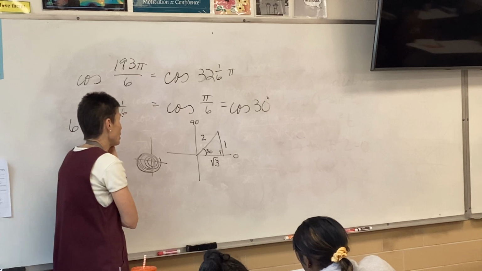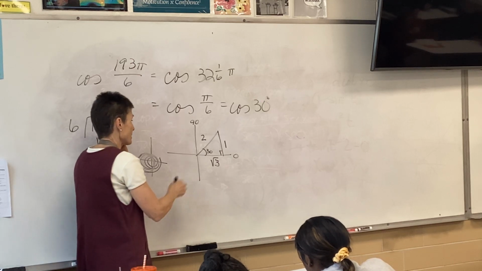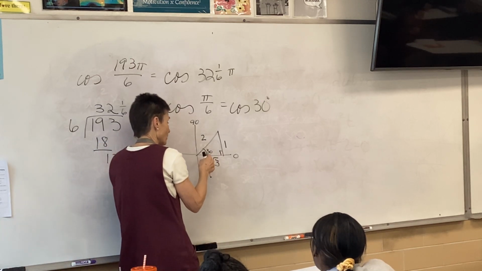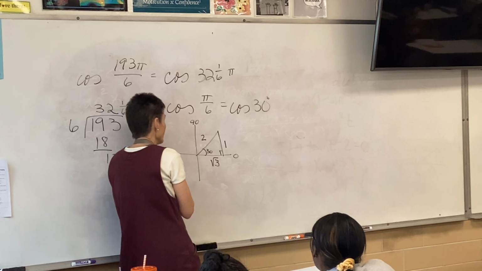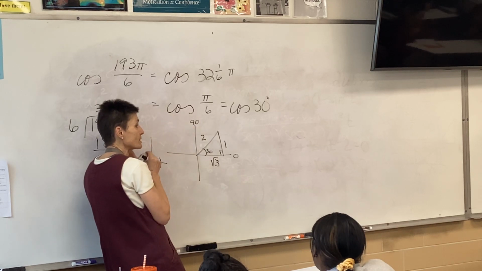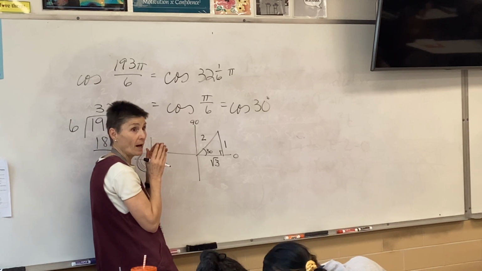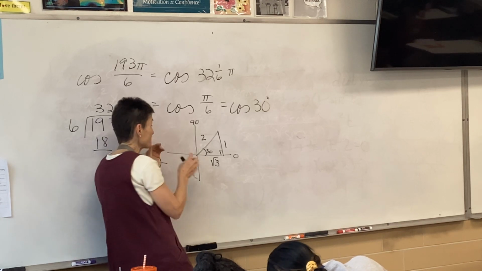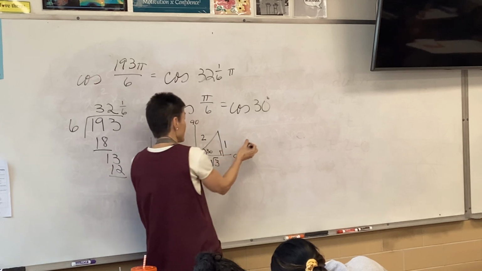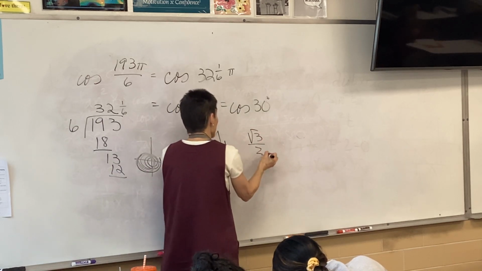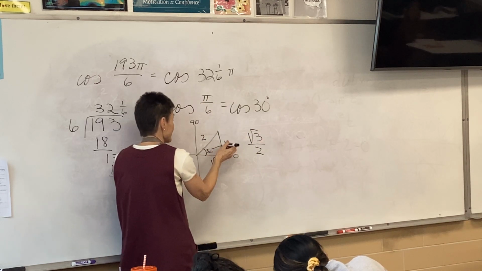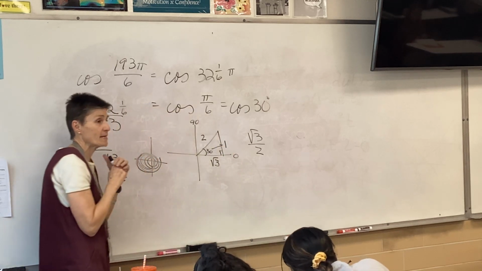Now, I want the cosine. What's the cosine in this picture right here? 1.5? No, no. Cosine is adjacent over hypotenuse. So cosine is root 3 over 2. Remember, the opposite side is the one across from the angle.